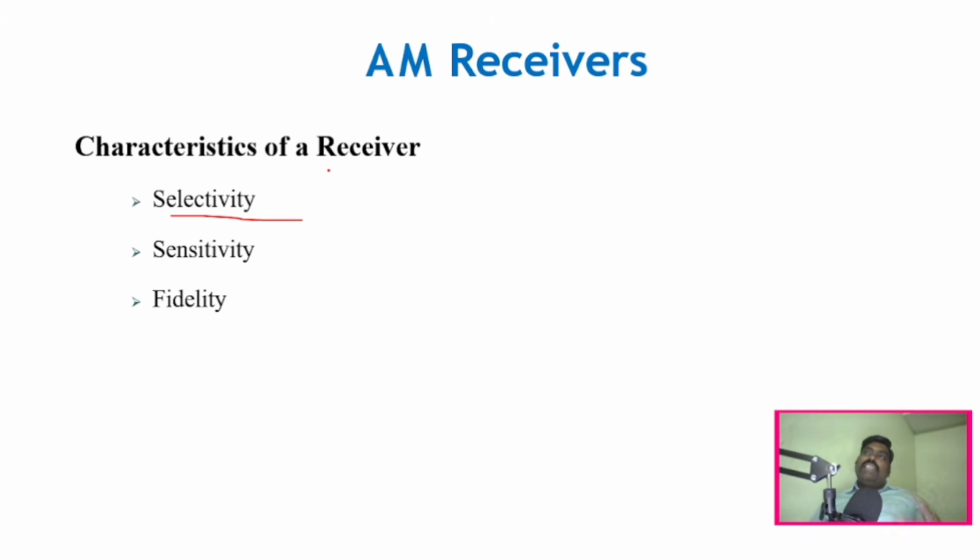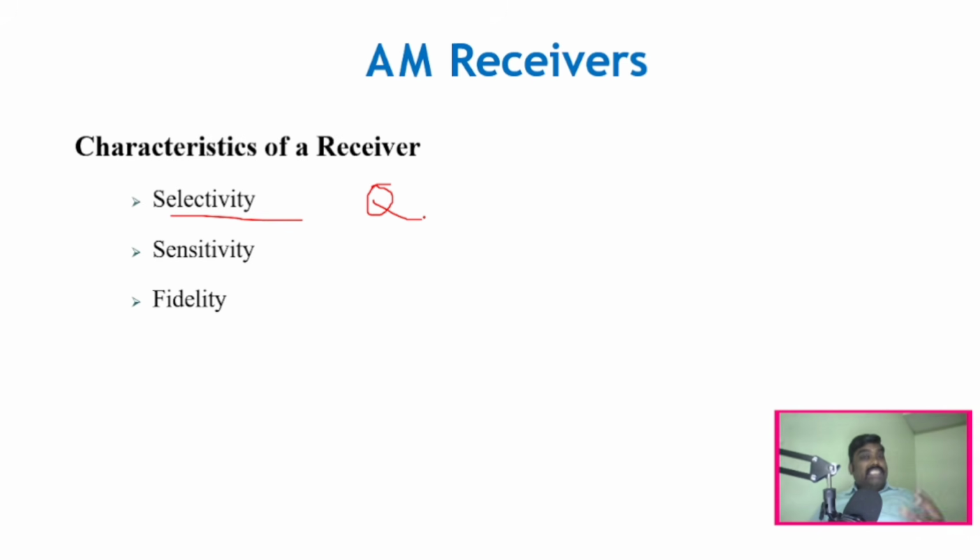This is called selectivity, and it can be achieved by using a tuned circuit, by tuning the circuit to a particular frequency and selecting that frequency alone. The selectivity depends upon the Q factor of that tuned circuit. If the Q factor is high, then selectivity will be high.